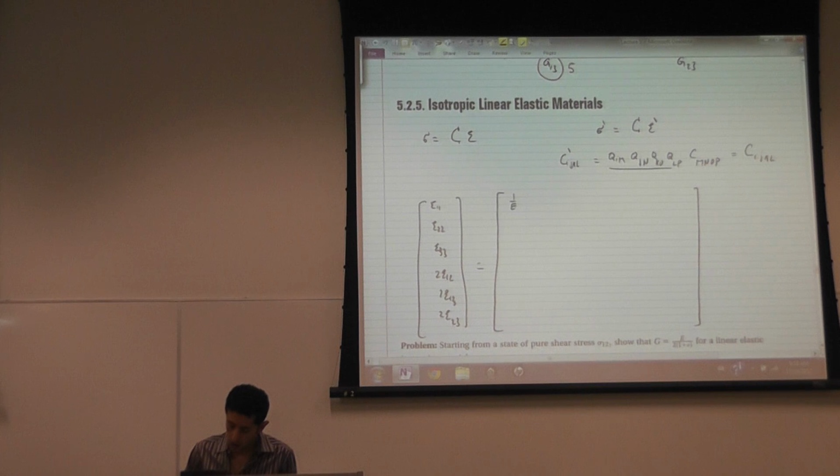1 over E, negative Poisson's ratio over E, negative Poisson's ratio over E, 0, 0, 0.